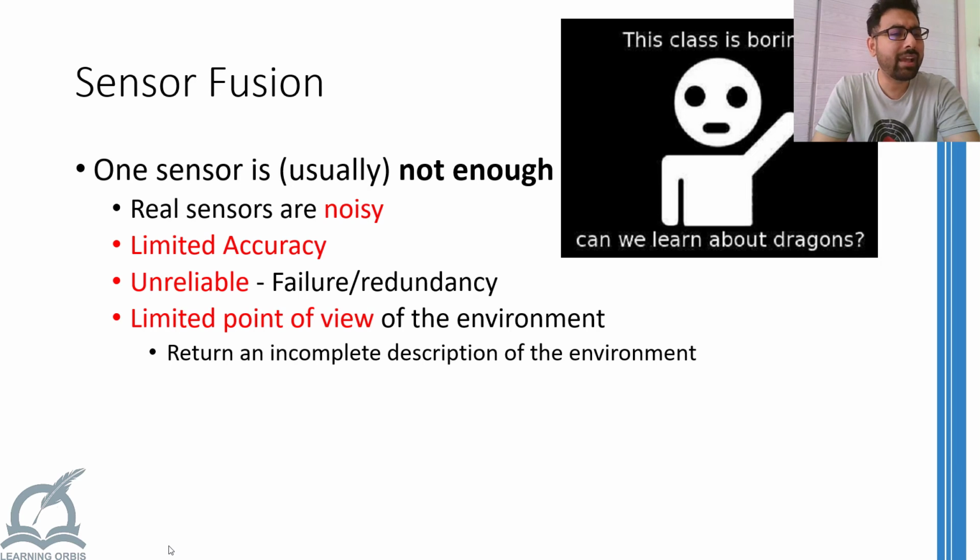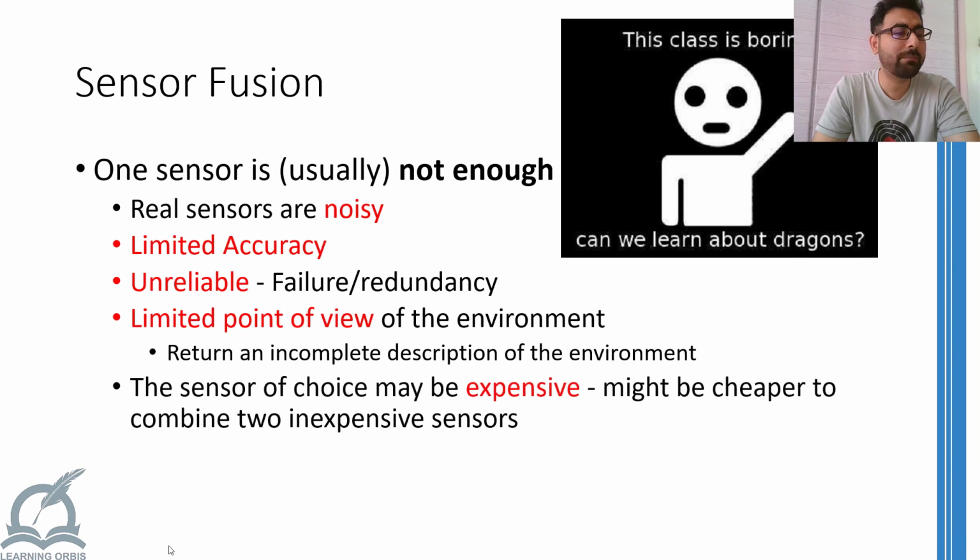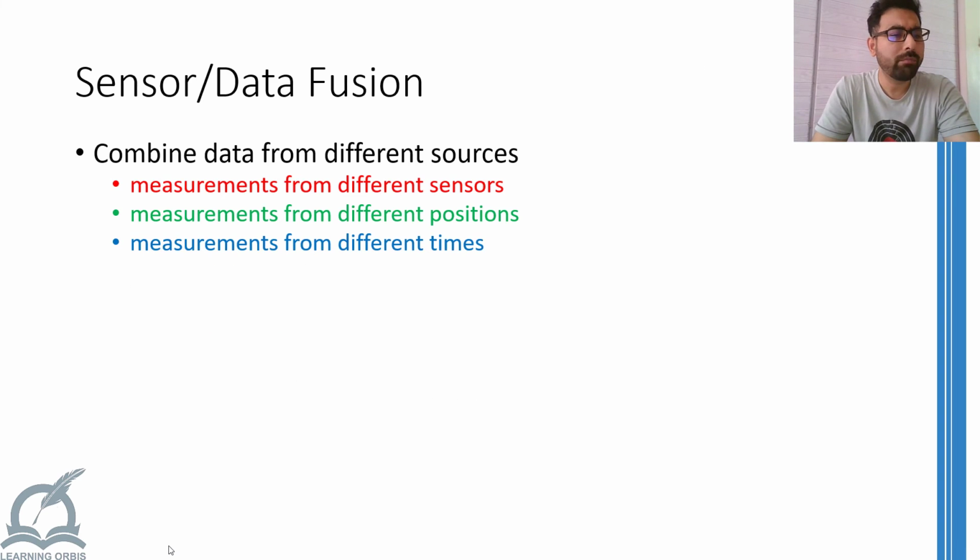Additionally, a single accurate sensor might be expensive. However, a similar kind of accuracy and reliability may be achieved if we use multiple cheaper sensors. Use of multiple sensors will additionally provide redundancy in the system, such that even if one sensor fails, the system will still work.